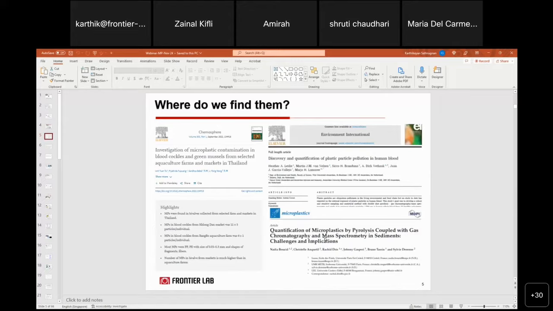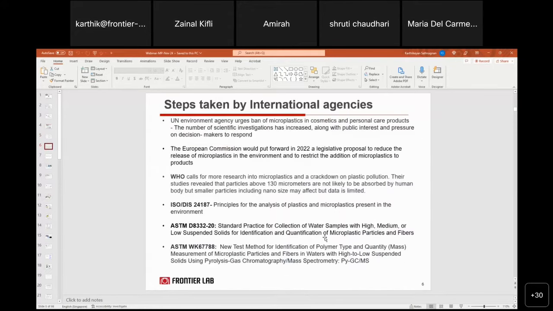In many of these reports, if you read them, you will understand why they are looking at a mass-based analysis rather than a particle-based one. But we do not want to eliminate the particle-based analysis also. In the long term, for routine monitoring, one can anticipate mass-based analysis, which can be fast and also simple for a large-scale monitoring exercise.